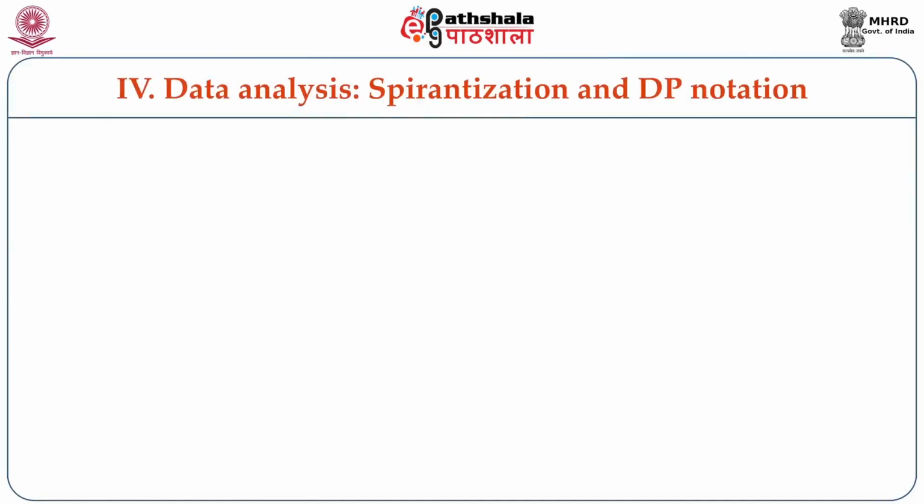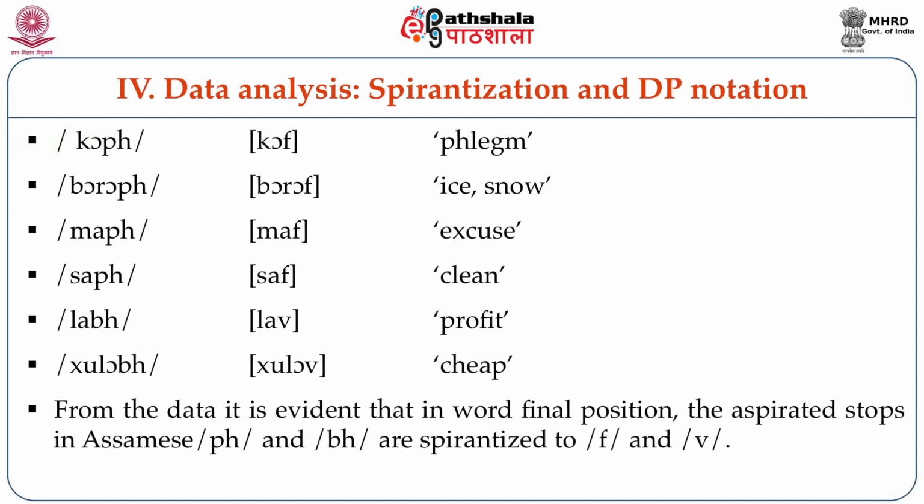Data analysis from this parenthesization and DP notation: you can see here the example is from Assamese, like a stop turns into a fricative in the final position, right? You can see the examples here. What is here? The aspirated stops in Assamese are spirantized to fricatives in the end. So if we try to see these examples, let's see what the analysis is.